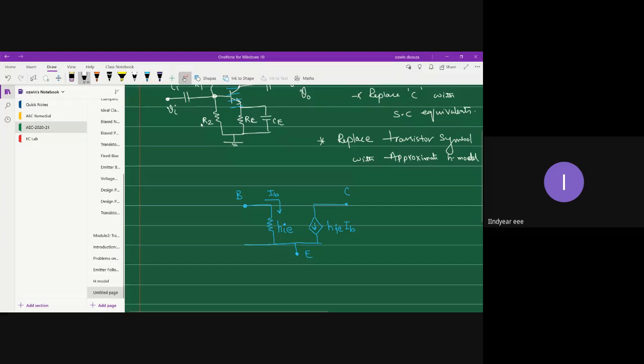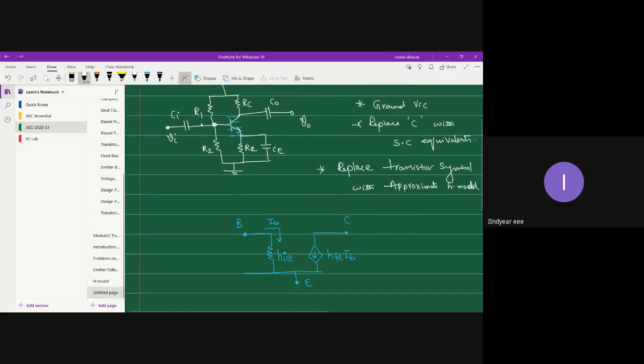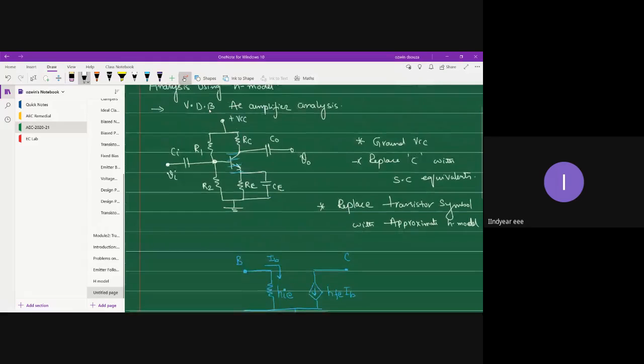Right, now I have to connect the remaining circuit elements. If you observe carefully, R1 and R2 are connected to the base terminal, right? The opposite end of R1 is connected to VCC, but I have already told you VCC will be grounded for AC analysis.